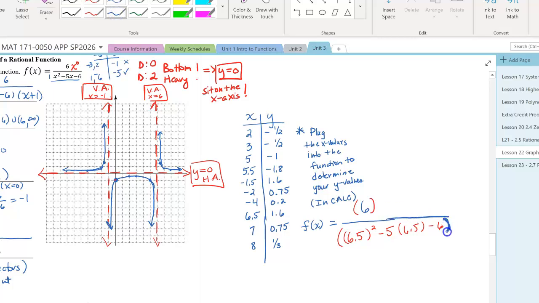And then remember, you want to enclose the bottom in parentheses as well. So use parentheses for numerator and denominator. Otherwise, your calculator doesn't know where your numerator and denominator start and stop.